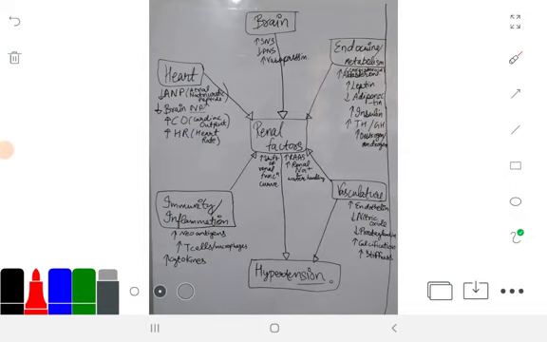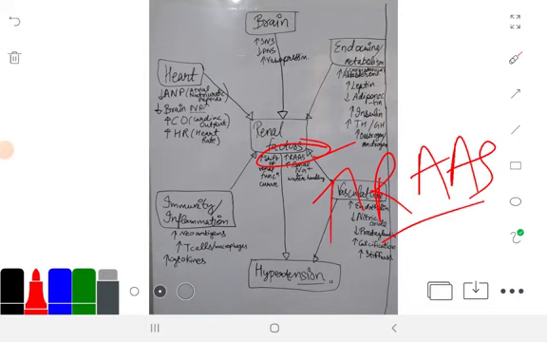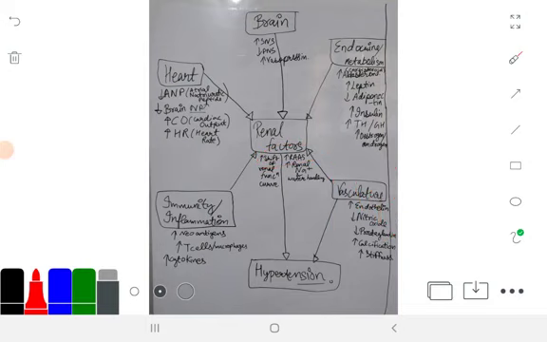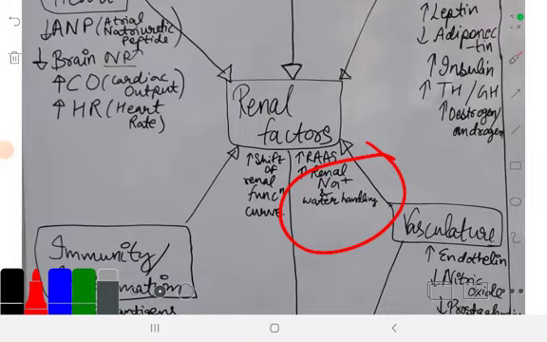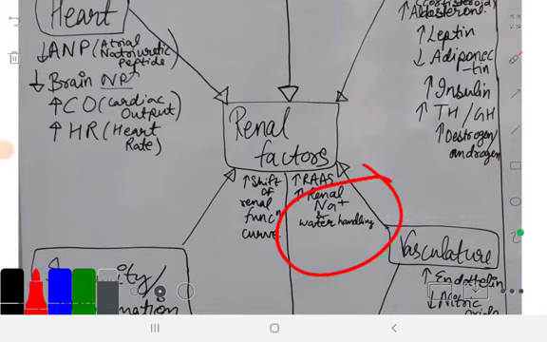Renal factors which cause hypertension are an increase in the function of the renin-angiotensin aldosterone system, and an increase in renal sodium ions and water handling, and a shift of the renal function curve, which is also known as pressure natriuresis because of the renal sodium ion increase. These are the renal factors which cause hypertension.